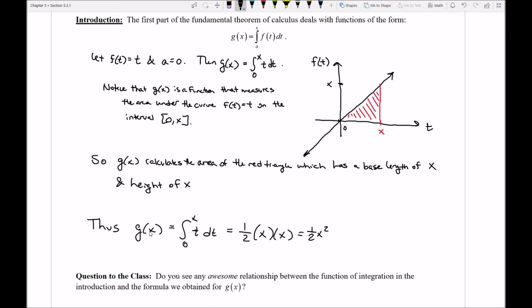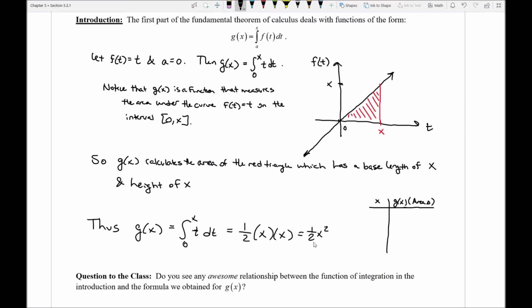So again, g of x has a picture, it has a graph. And it's not this graph, because this was a graph of f of t, but g of x's graph would be made by plugging in different x's, and the different outputs for g of x are going to correspond to the areas of those different triangles. That's what the g of x calculation is meant to produce.